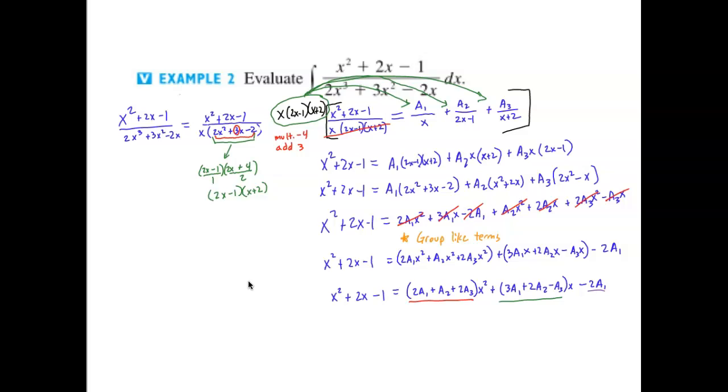If those things are equal, then their coefficients must also be equal. Do we agree with that? So the coefficient I underlined in red has to be the same as the x squared coefficient, which is technically 1, right? So that gives me this equation. 2A1 plus A2 plus 2A3 has to equal 1.